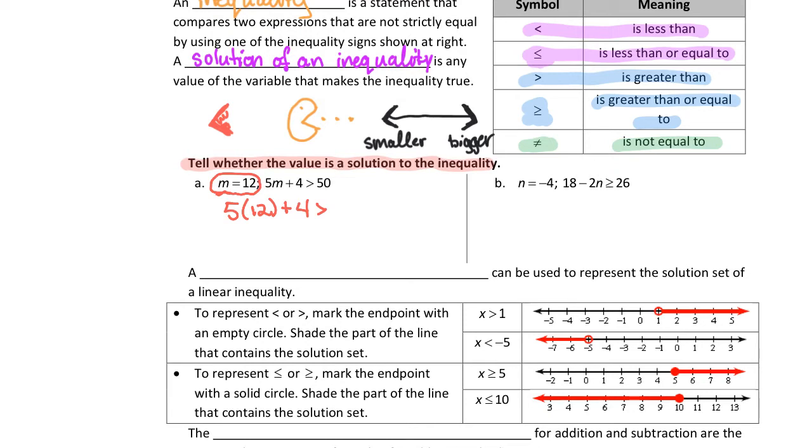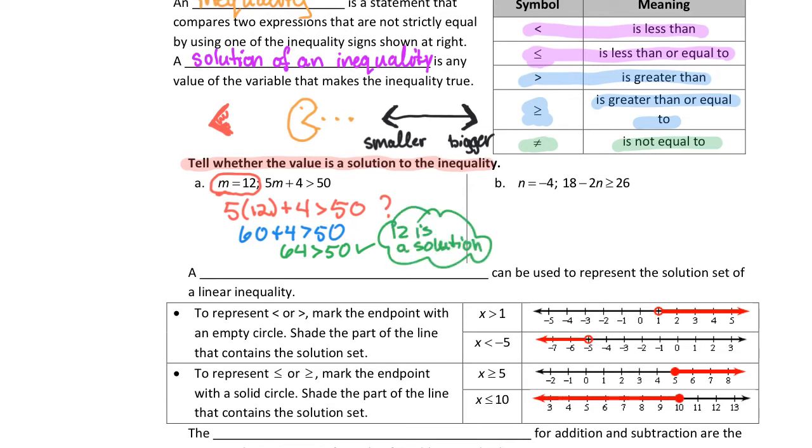It points to the greater numbers on a number line, and that would be 50. And we want to find out, is this true or false? It looks like I'm going to get 60 plus 4 is greater than 50, and it does look like 64 is greater than 50, so this one is true. Okay, so this is a solution. So 12 is a solution to this inequality.